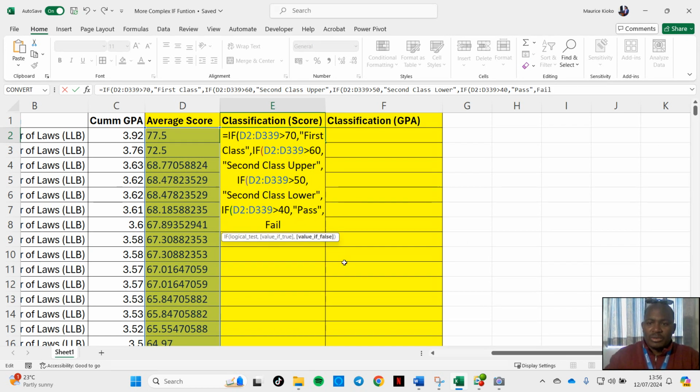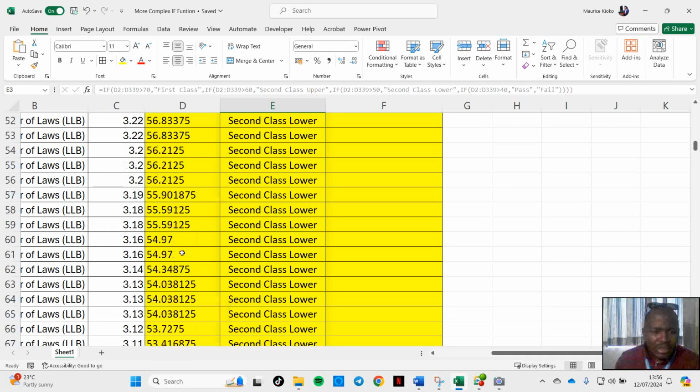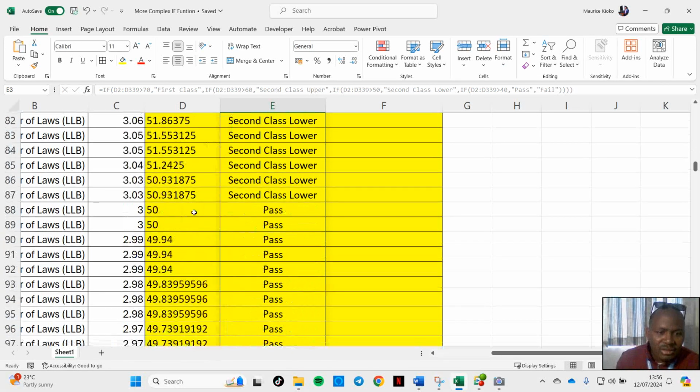Put it in parenthesis, then you close, and close again. So that's solved everything. Does it solve? If you look at the details, you might see 50 point something. So we have to work completely with the upper limits and lower limits.